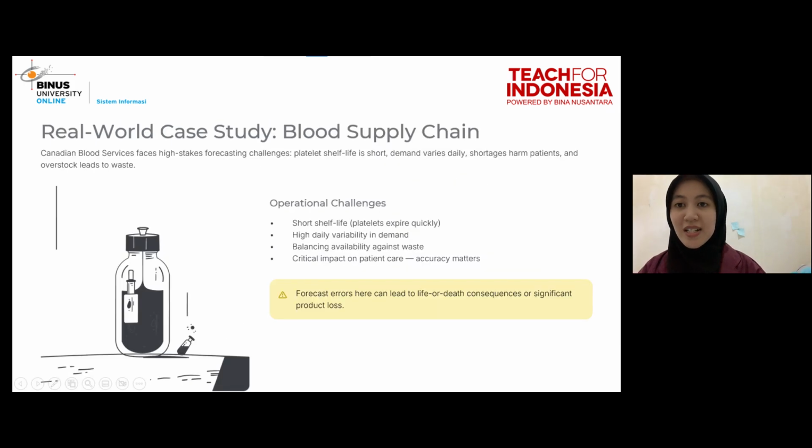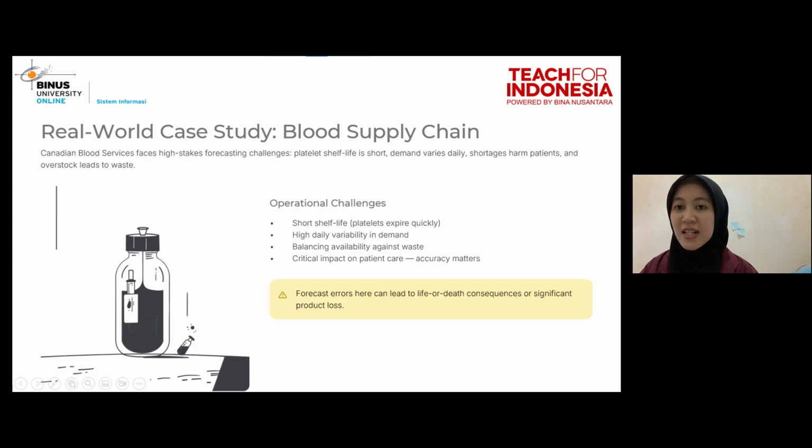One of the most challenging forecasting environments exists in healthcare. A study by Motamedi and colleagues examined platelet demand forecasting within the Canadian Blood Services. Unlike many products, platelets have a very short shelf life. They expire quickly and cannot be stored for long periods. At the same time, demand can fluctuate significantly from day to day because hospitals cannot always predict how many patients will require treatment.